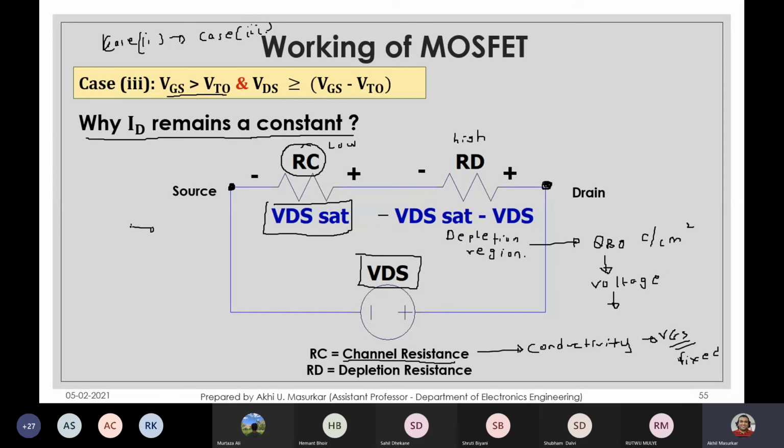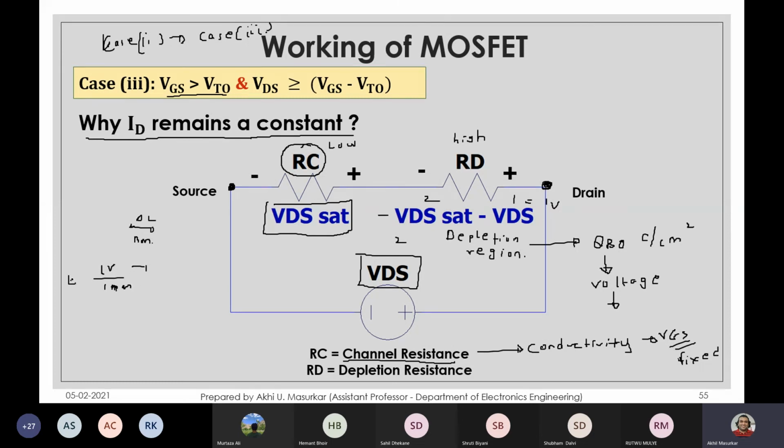This space, delta L, will be just something in nanometers, so even if the difference is 1 volt, there will be 1 volt in 1 nanometer.